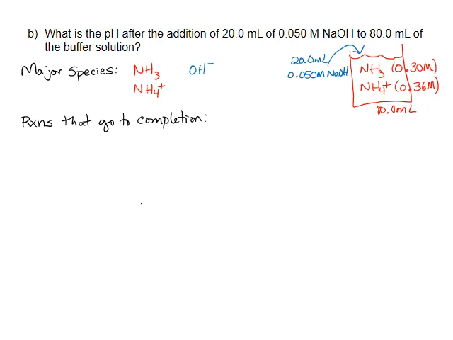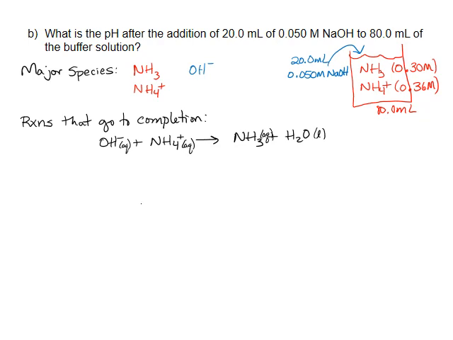Hydroxide is a strong base and will react with any acids that are present. The acid that we have in the buffer is the ammonium ion. So we're going to be looking at the reaction of hydroxide ions with ammonium ions to form ammonia and water. This is a reaction that's going to go to completion because of the strong base hydroxide. So we're going to deal with this reaction in terms of stoichiometry.